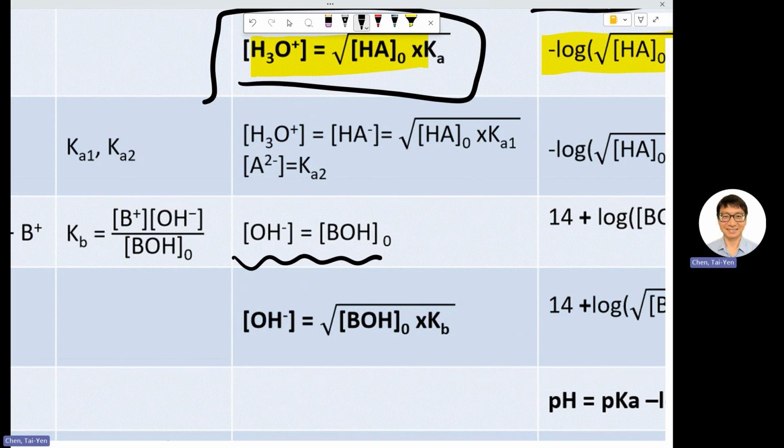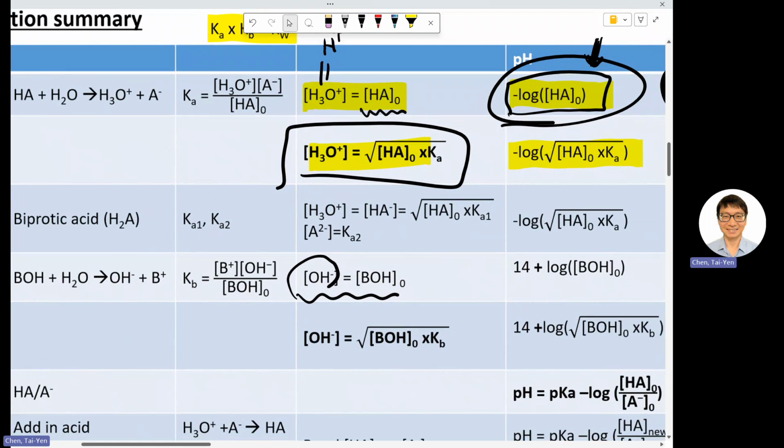So what we do is replace the proton with hydroxide. If you have a strong base, then your hydroxide concentration, so go from proton to hydroxide, is going to equal your initial base concentration.